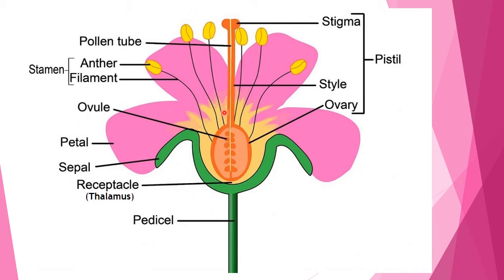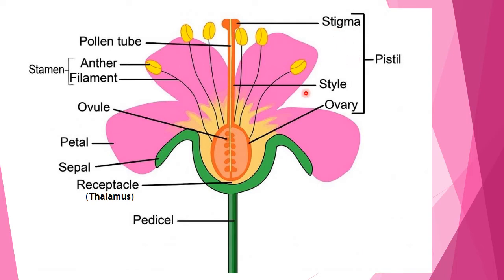Then this thin, long tube-like structure is the style. So ovary, style, and then at the tip there is a stigma. So three things are there in the carpel or pistil: ovary, which encloses ovule, then style and stigma. So these are the floral parts.